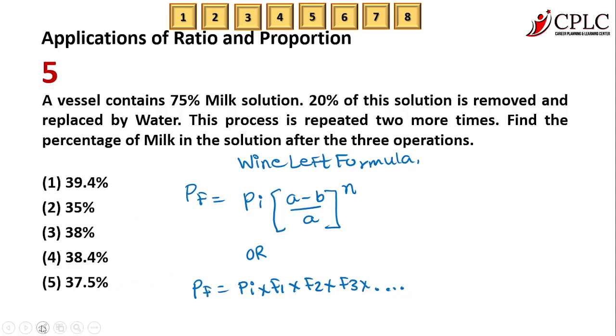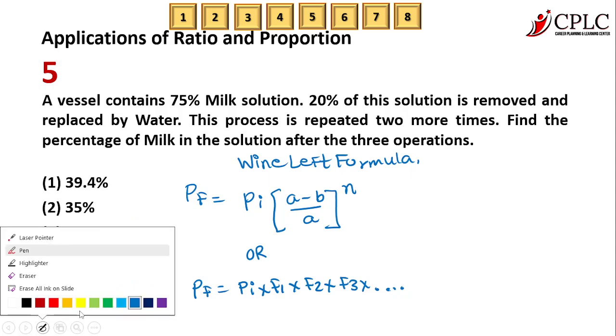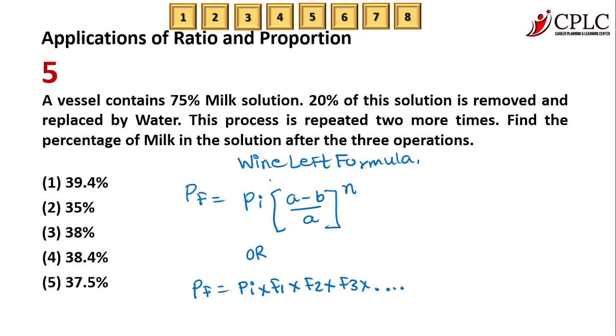Now the first thing that we'll have to do is define the terms so that we can understand the concepts. PF is defined as final percentage. PI is defined as initial percentage.